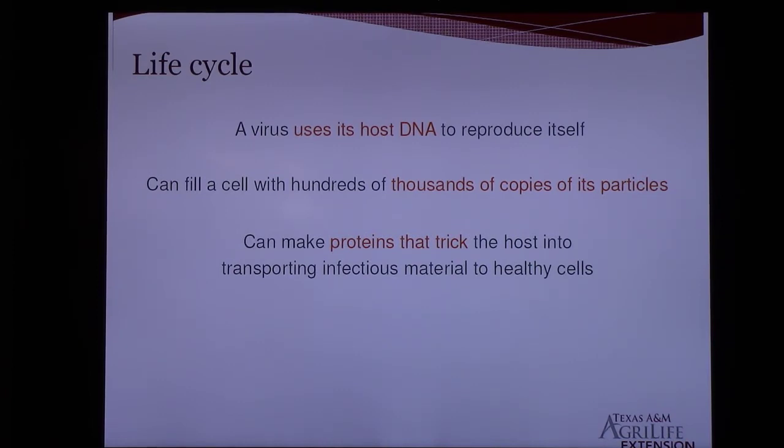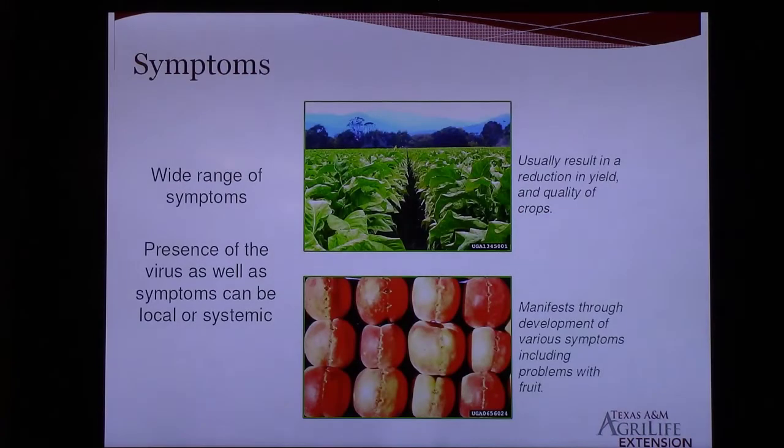And these viruses make proteins that trick the host into transporting those infectious particles to other parts of the cell, other parts of the plant, whether plant or animal. So viruses can make these proteins that make the plant think, okay, this is normal, I'm going to take this to the leaf as it flows through the xylem. And unknowingly that plant has infected other parts because of the virus.